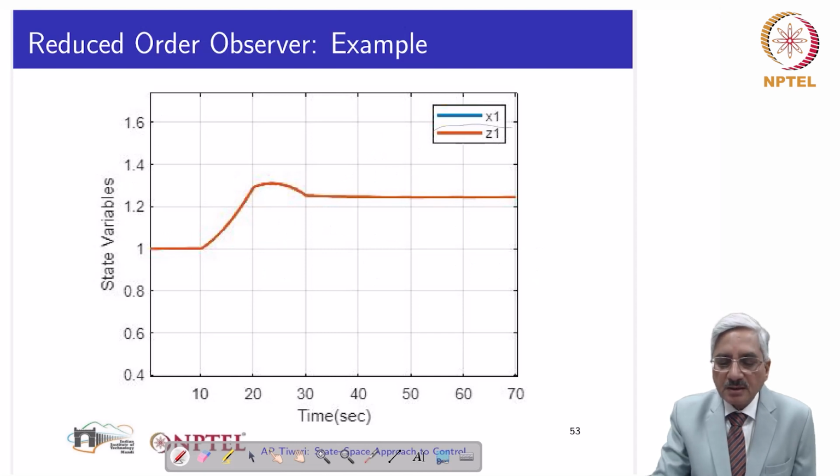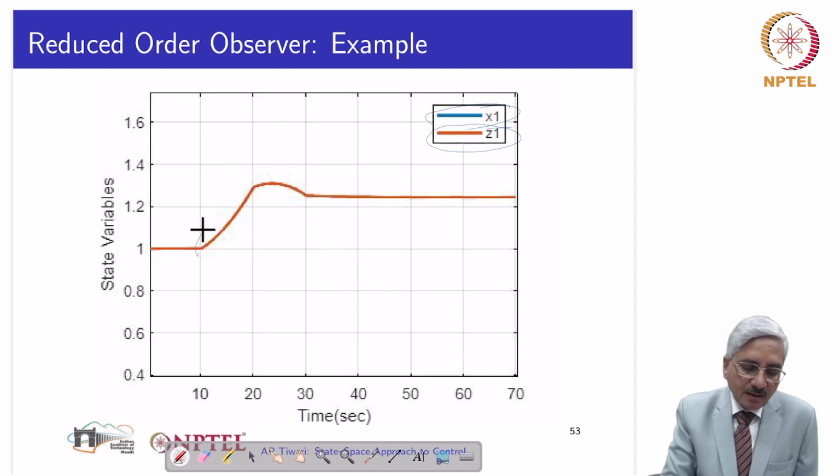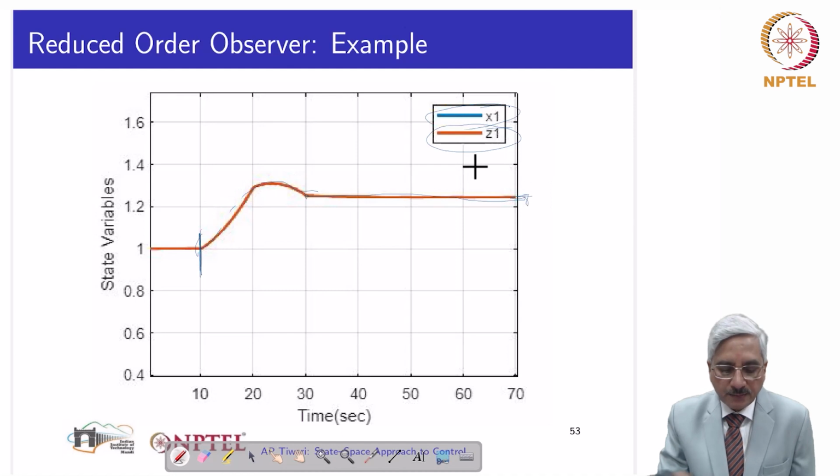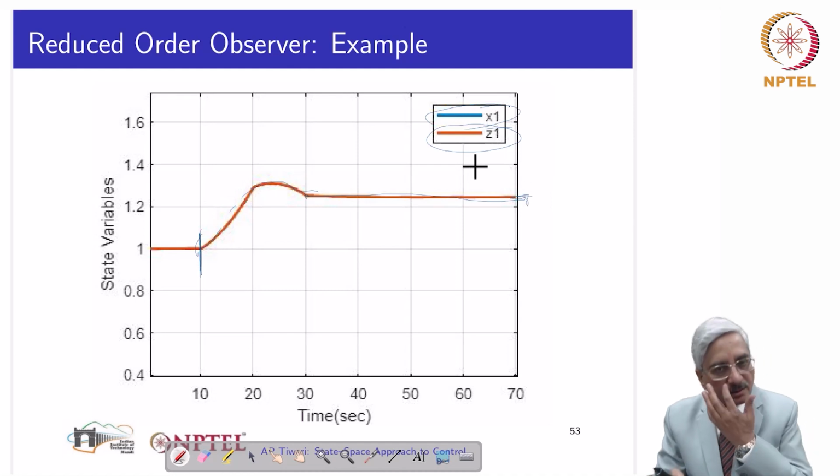Because Z1 is directly evaluated as X1, Z1 and X1 overlap each other. However, because of the input variation that started at t equal to 10, the system faces a transient. So X1 varies in this fashion and again becomes constant somewhere a little above 1.2. And Z1 follows that. Absolutely no error between X1 and Z1 because Z1 is equal to X1.